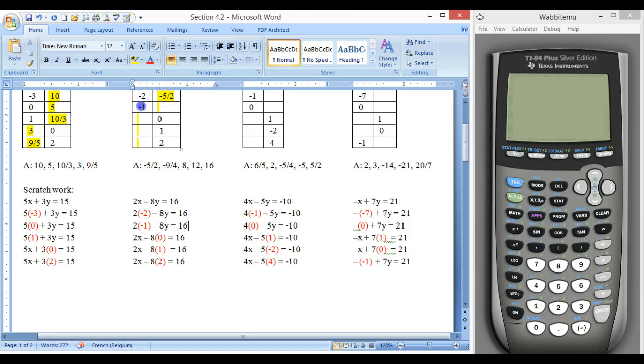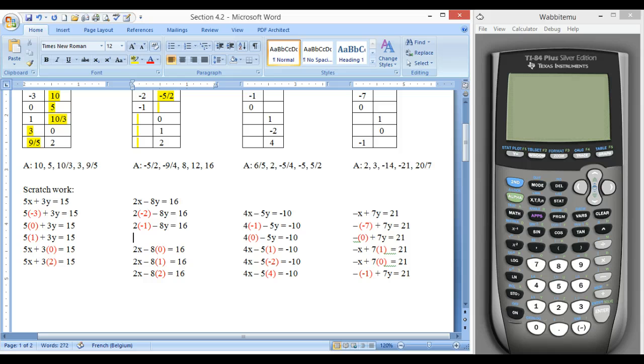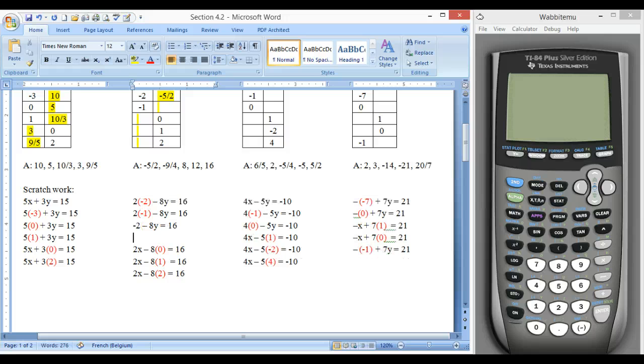We will be substituting in -1 for x, and I put the parentheses on. 2 times -1 is -2, minus 8y equals 16. And to isolate the variable, we're going to get rid of the -2.